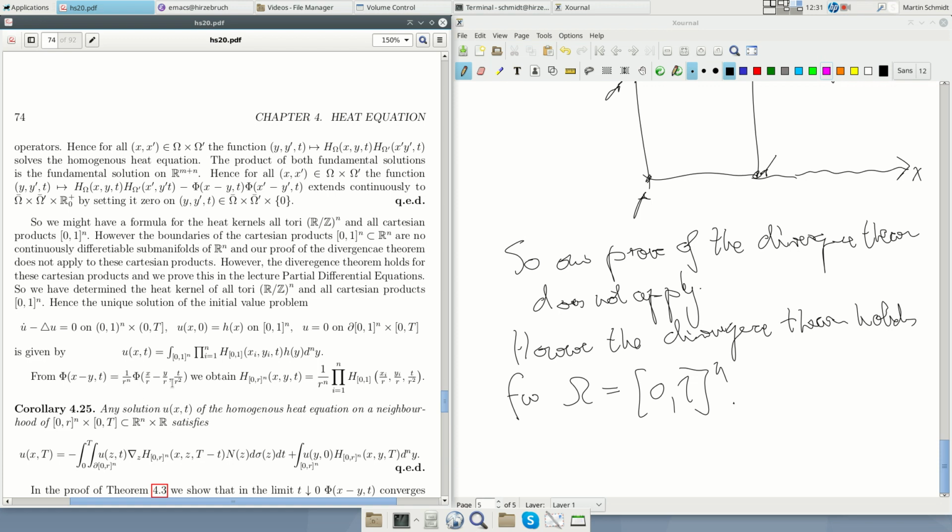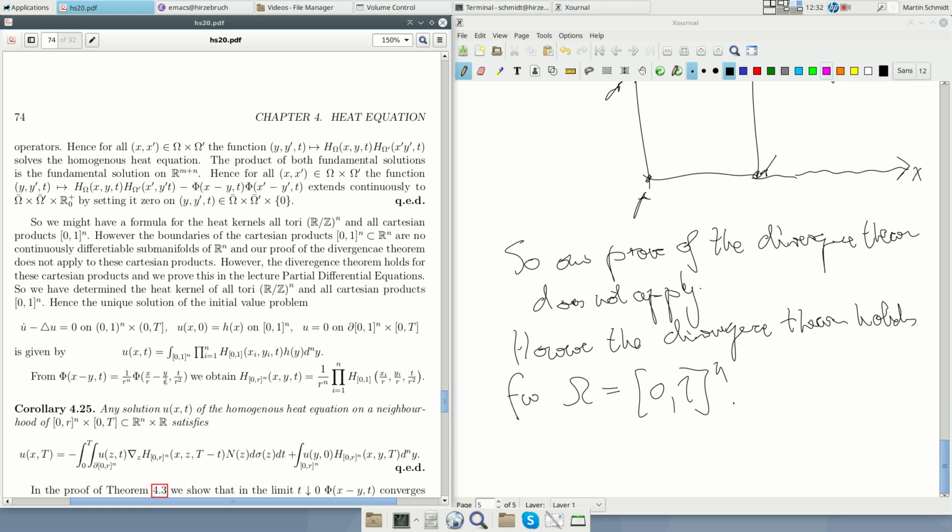The exponent doesn't depend on r, because it's x minus y squared divided by 4t, so the r's in the top and the bottom cancel.